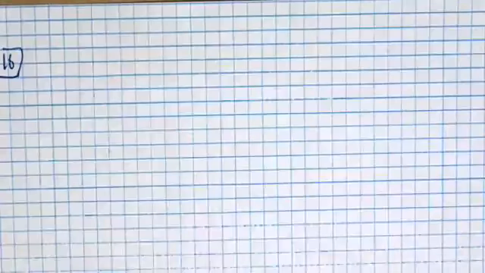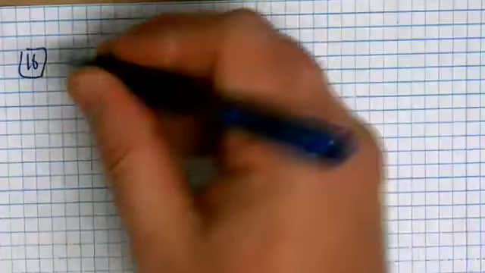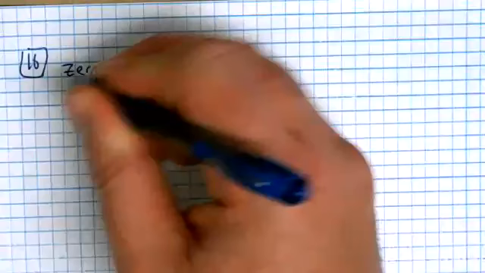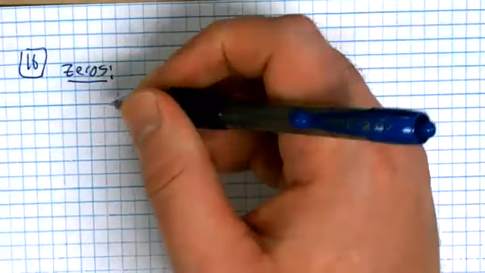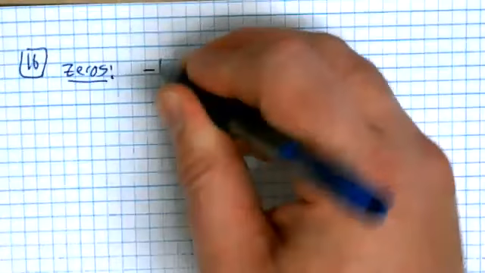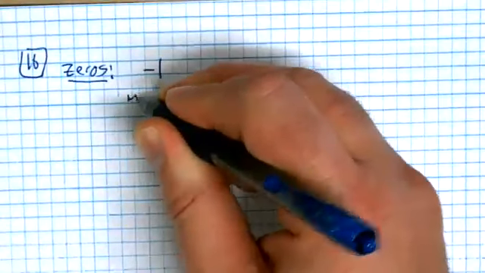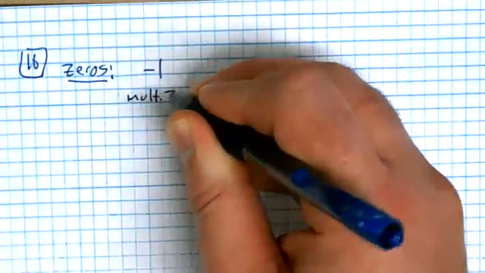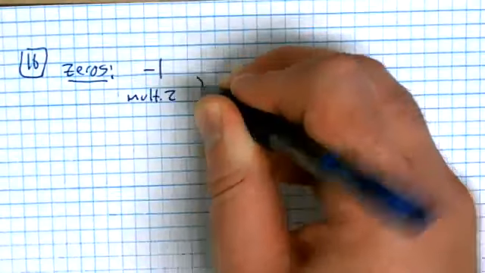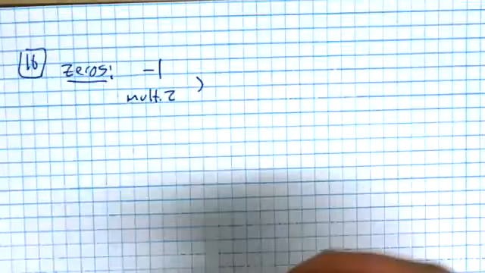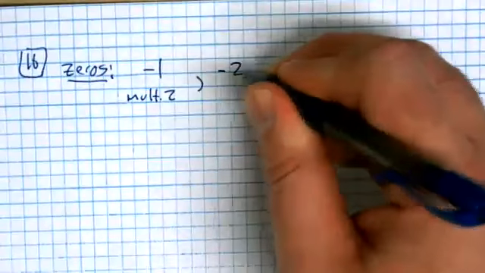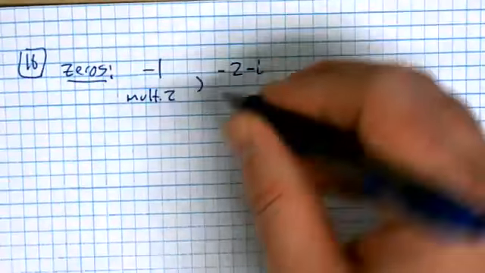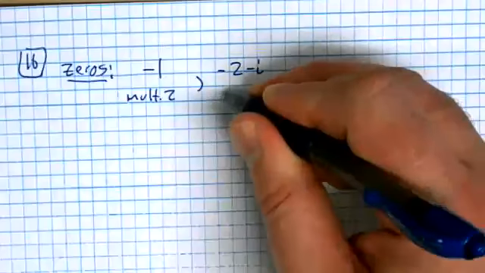So what did they tell us? In 16, we've got some zeros. -1 is a 0, and that's multiplicity 2. And -2 minus i is a 0, and that's multiplicity 1.